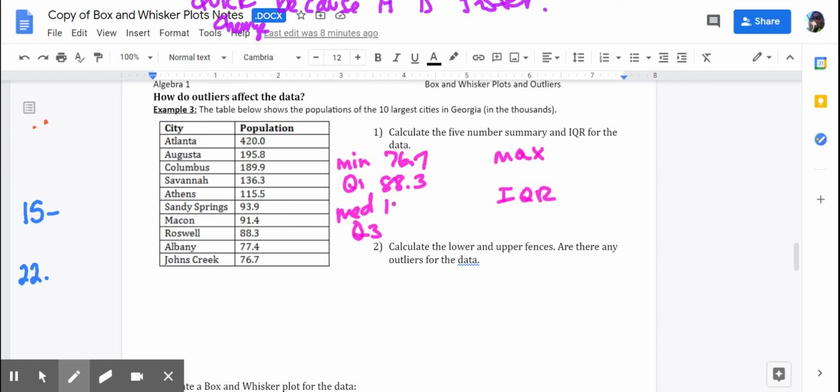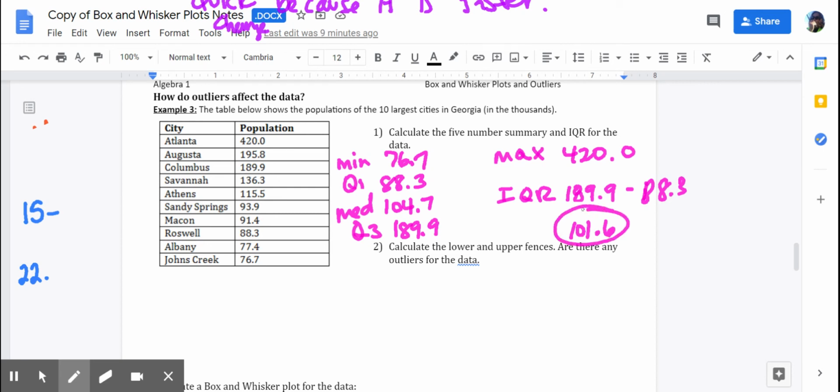My median is 104.7. Q3 is 189.9. And my maximum is 420.6. So to find my IQR, I have to take my Q3, 189.9, and subtract my Q1 of 88.3, which gives me an IQR of 101.6.